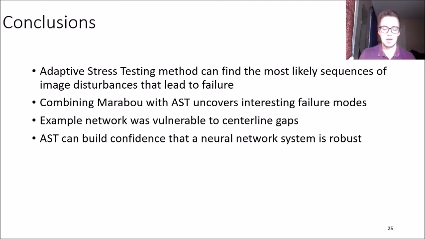So in this aircraft taxi example, we found that the network was particularly vulnerable when there was a gap in the center line. And so this can help tell the engineers where we need to make the system more robust, or we can build confidence and validate that the system requires unreasonable levels of disturbances in order to fail.